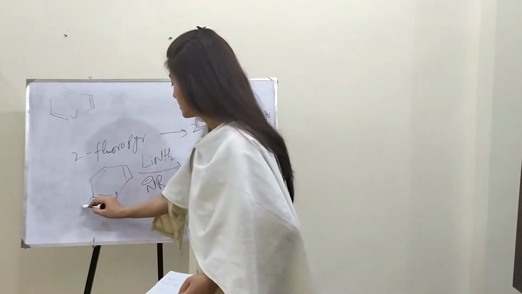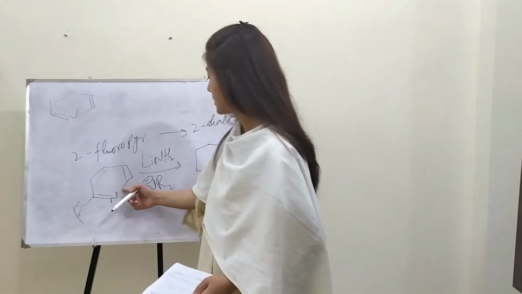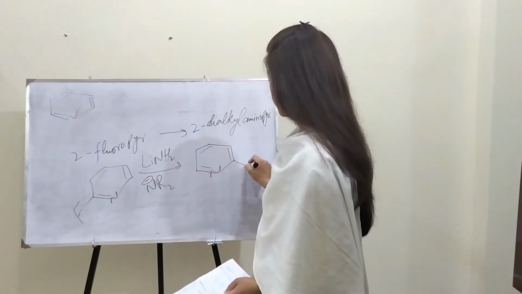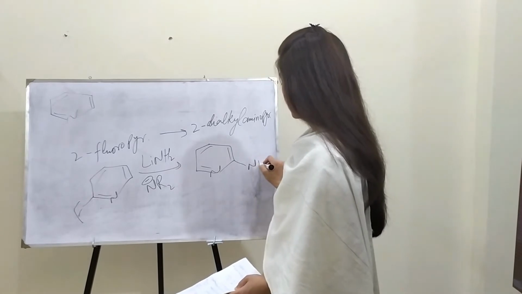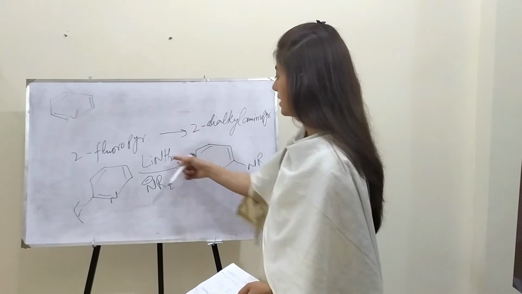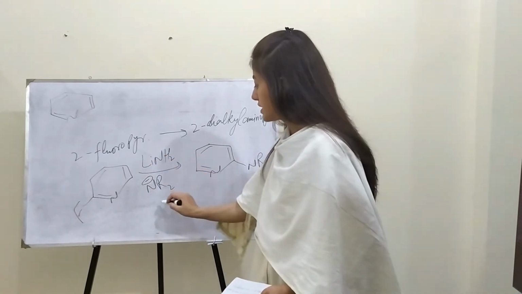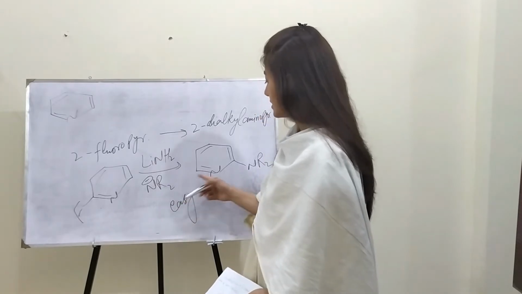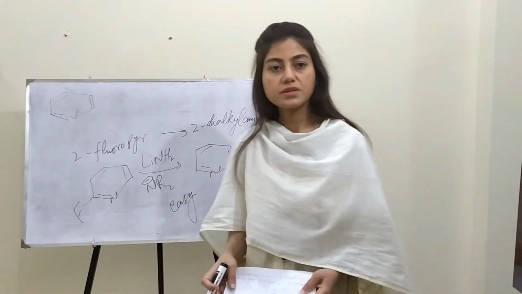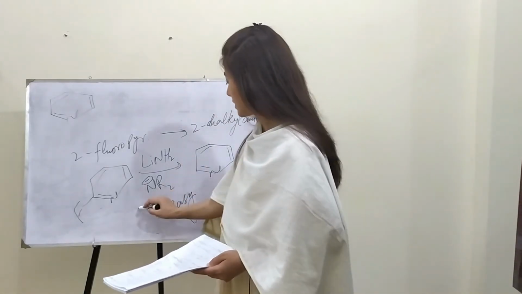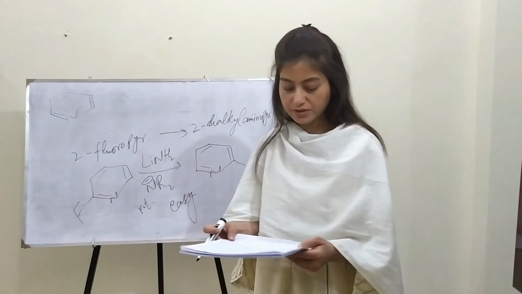Here it is in this way, this is 2-fluoropyridine and it may be easily converted into 2-dialkylaminopyridine via lithium amide. So this reaction is fairly easy to proceed in the forward direction, and it is carried out at room temperature as well.